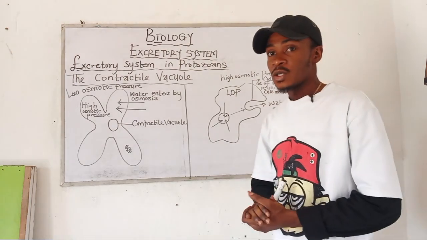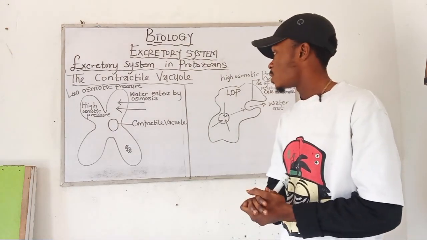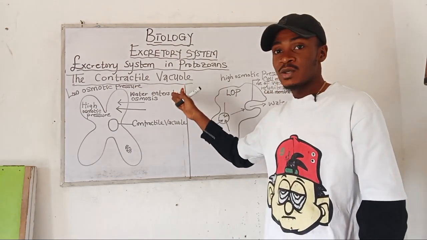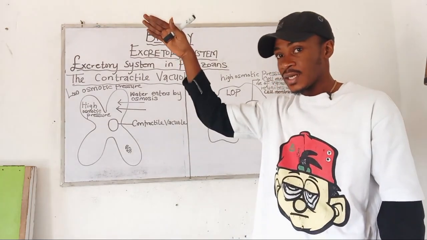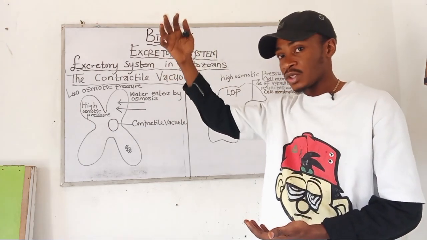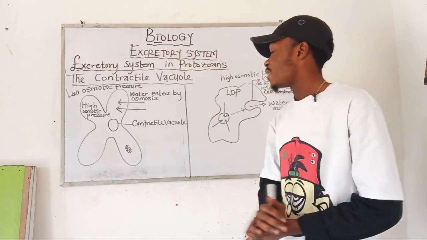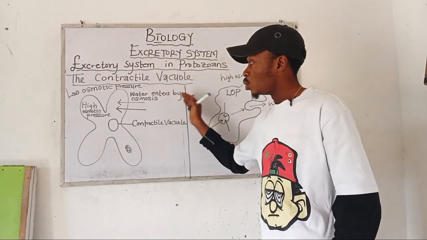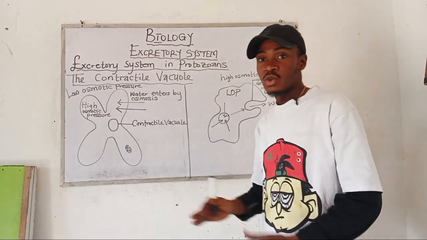Based on osmosis, please listen up, water will seek to move up a concentration gradient from a region of low concentration to a region of much higher concentration. Due to that fact, the water in the lake will strive to enter the amoeba cell.